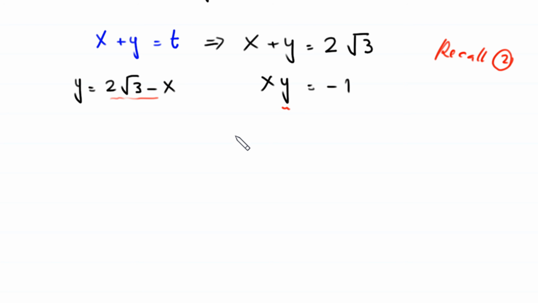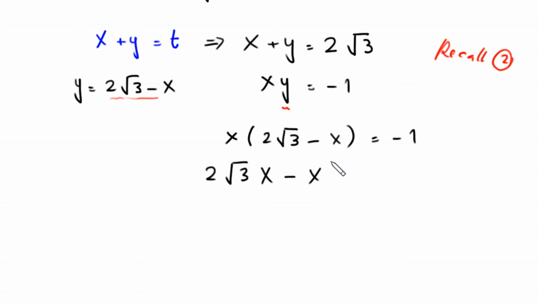This becomes x times (2 times root 3 minus x) equal to negative 1. Distribute the x: 2 times root 3 times x minus x squared equal to negative 1. Move these terms to the right hand side, and this becomes x squared minus 2 times root 3 times x minus 1 equal to 0.